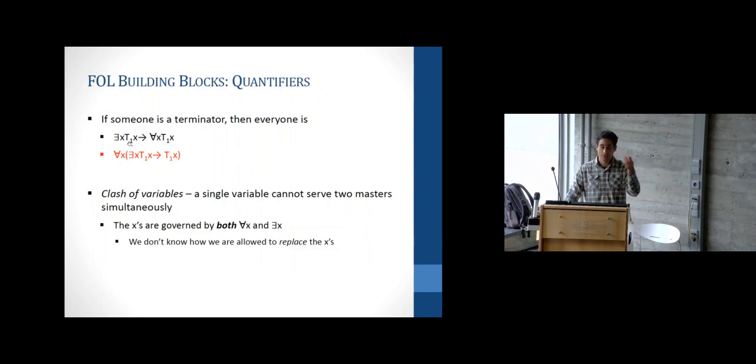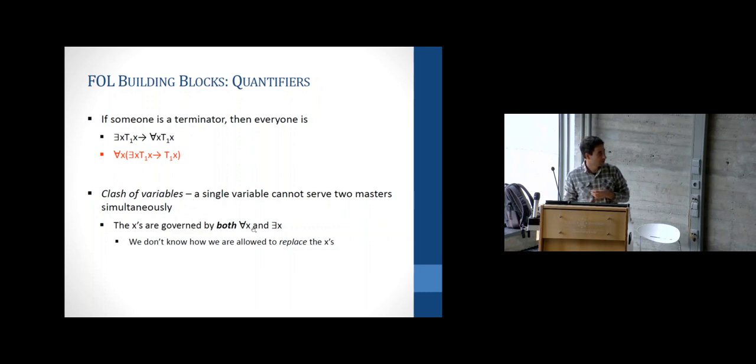How do I avoid this? I just use a different variable. I can use a y, for example. The way the textbook says it is that a single variable cannot serve two masters simultaneously. For every x, there should be exactly one quantifier, existential or universal, that specifies it.